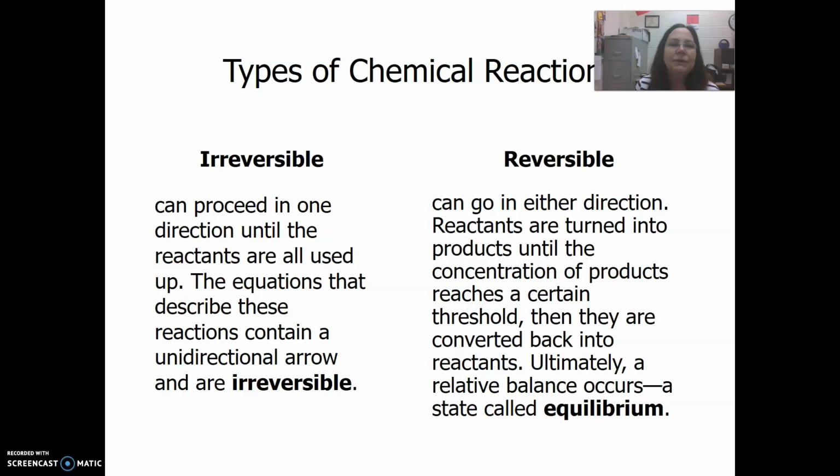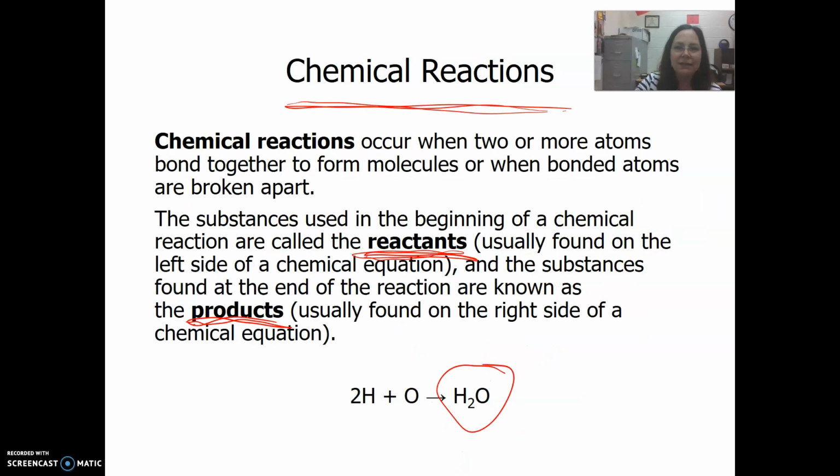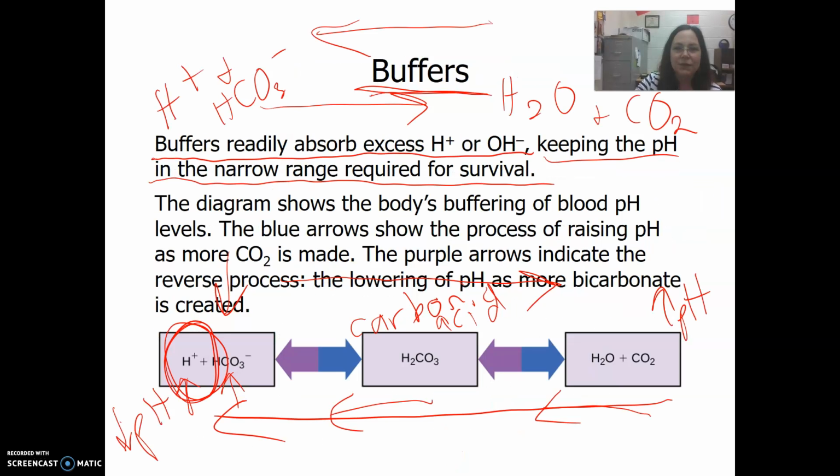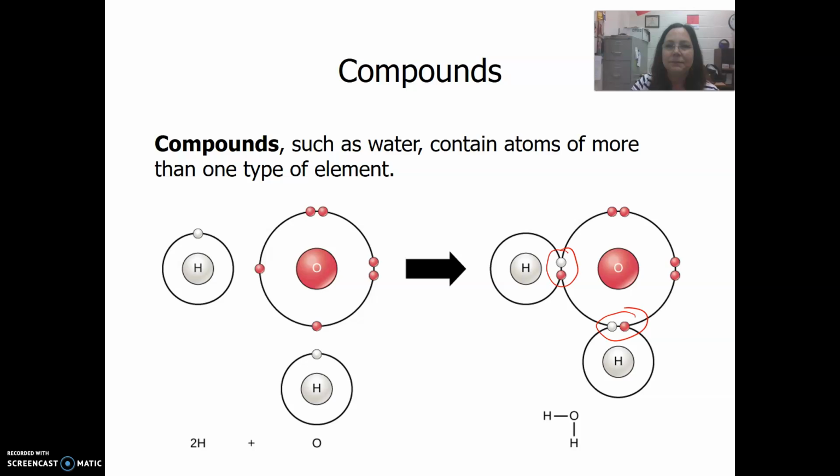All right, an irreversible reaction can proceed only in one direction until all the reactants are used up. So it only proceeds in one direction. A reversible reaction can go in either direction. The carbonic acid reaction is a reversible reaction. It goes in either direction depending on the conditions.